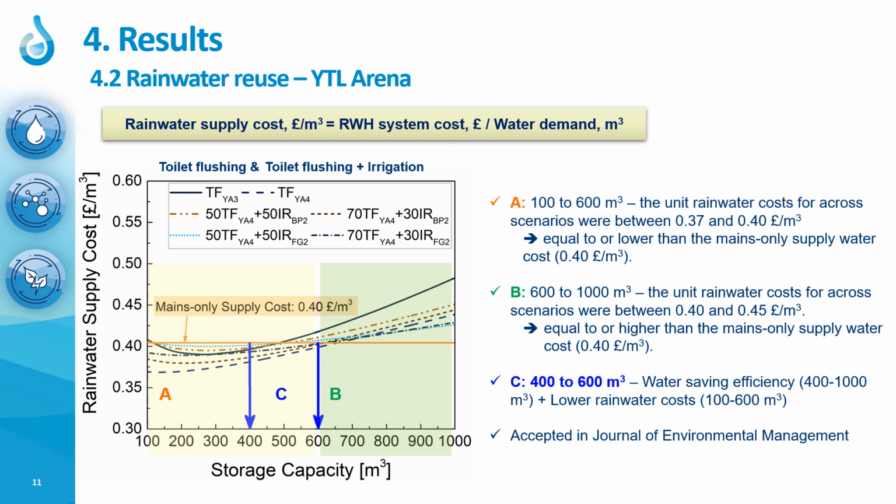Whereas in B, the unit rainwater cost for all water use scenarios is equal to or higher than the mains water cost. So when considering water saving efficiency and this cost analysis result, the optimum rainwater storage size is between 400 and 600 cubic meters, which is C in the figure.